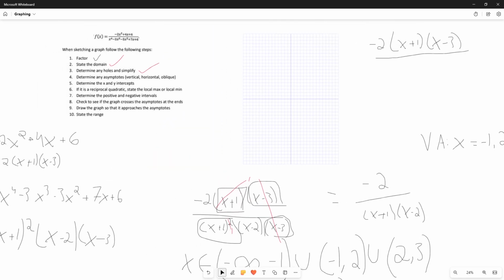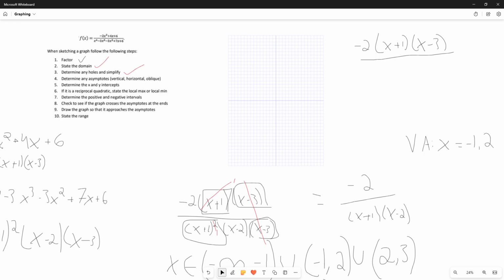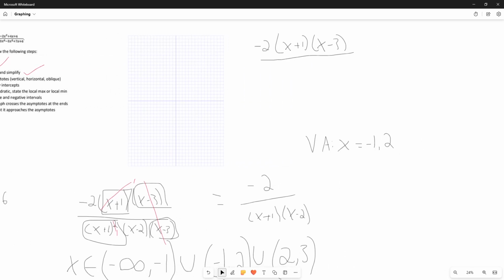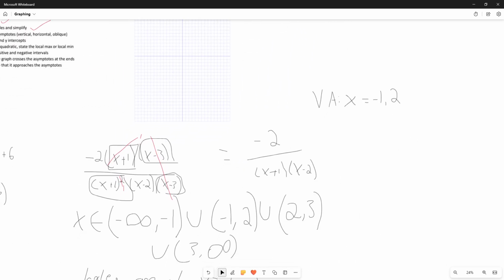We have horizontal. It is either horizontal or oblique. But because here the degree of the bottom is bigger than the degree of the top, we have a degree here of x to the 0, and here we have a degree of 1 and a degree of 1, so this is 2. The bottom is bigger than the top. So that means we have a horizontal asymptote.